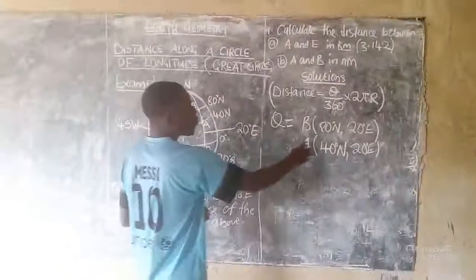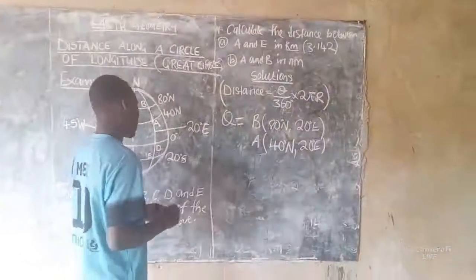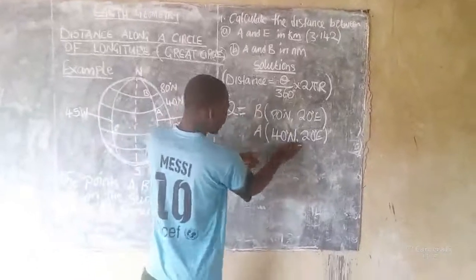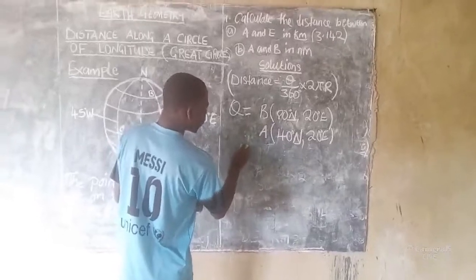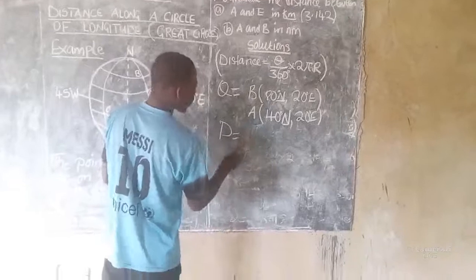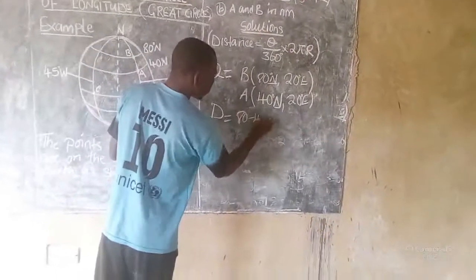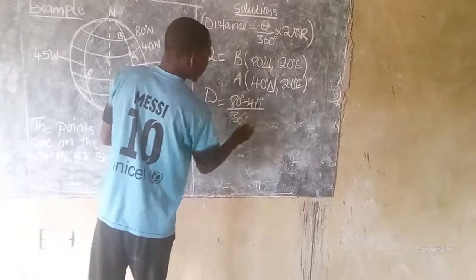We need north and north, because we have the same degrees east there. So here we subtract because we have that and that. When we subtract, I'm sure you're going to remain with, okay, so distance is equal to 80 minus 40 degrees over 360.